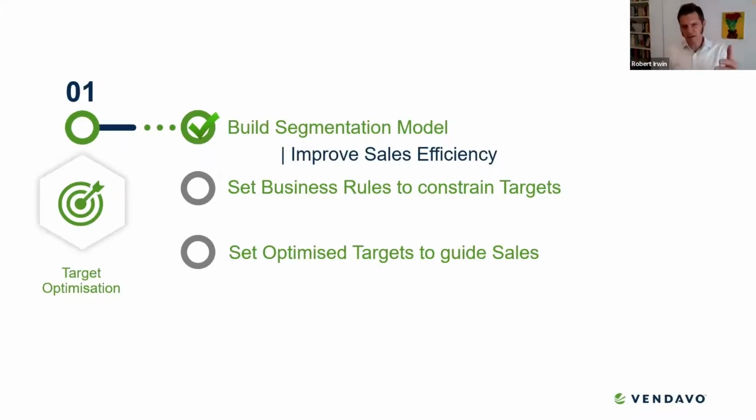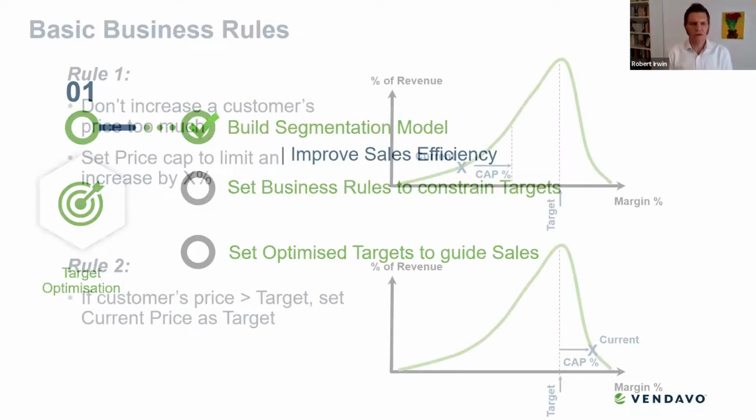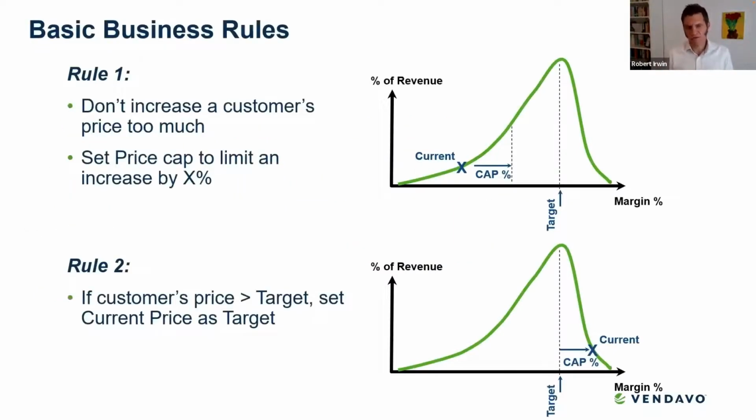So the second step then, having built my segmentation model and being happy with that, is to overlay the set of business rules in order to constrain the targets. And we're going to do this by thinking about different business scenarios that make sense.